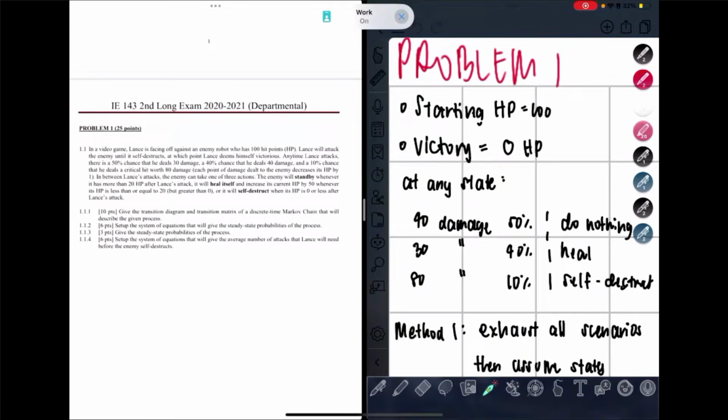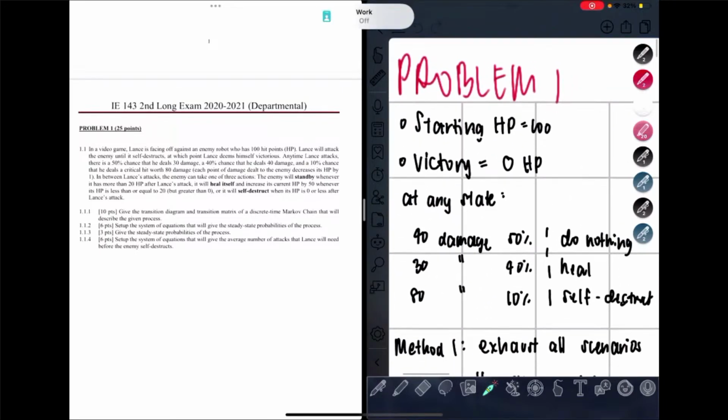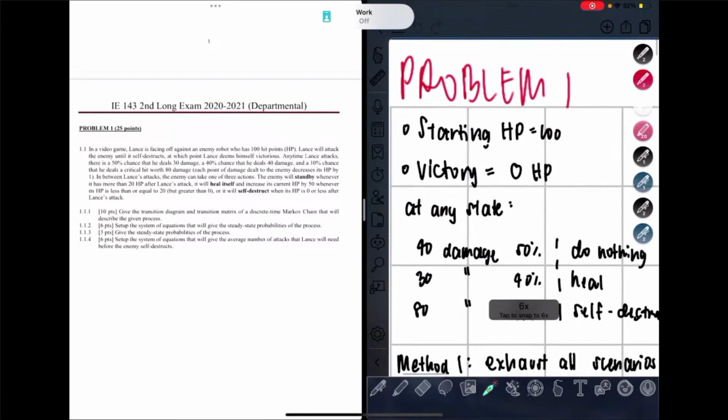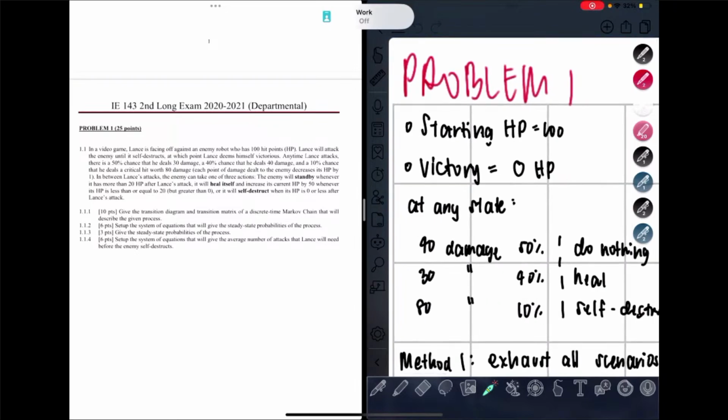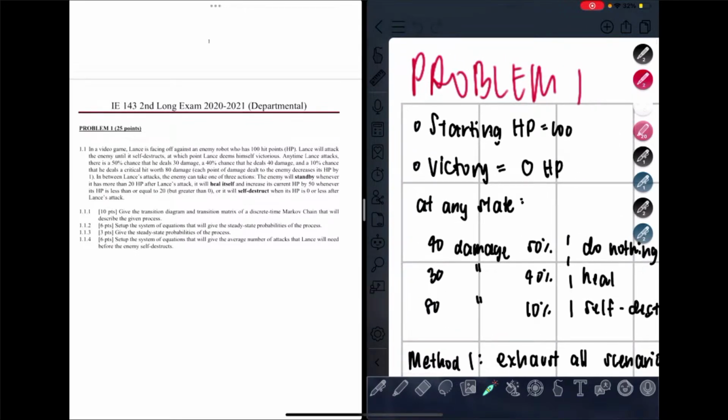So the first thing being asked of us is to get the transition diagram and transition matrix that will describe this process. Let's go straight into it. Initial information that we know is that at any state, you have 40 damage at 50% likelihood, 30 damage at 40% likelihood, 80 damage at 10% likelihood.